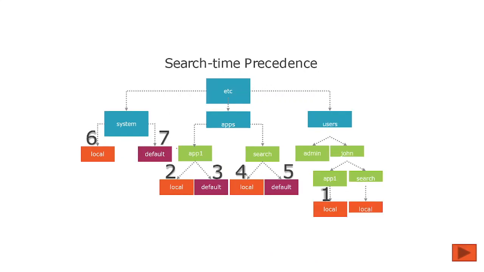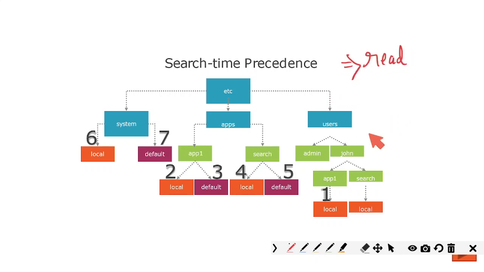Search time precedence. So just remember that particular thing, which is very, very important. When we are talking about search time precedence, we are talking about when the file is being read for the system, right? So that is important. And therefore, the user context will become important. So the user context or the application which the user is making use of will be gaining more precedence. And therefore, the first precedence will be under the user context.